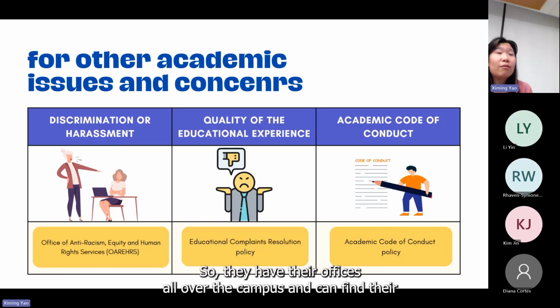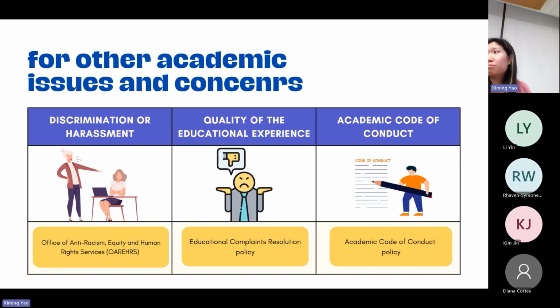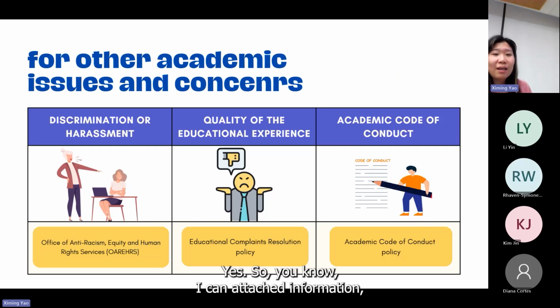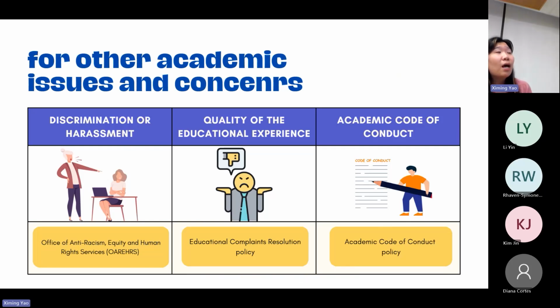They have offices all over the campus, and you can find more detailed information on their website. They're short for OARHRS. Have you seen it anywhere in the college? Yes. I can attach the information in a later communication email for online participants as well.